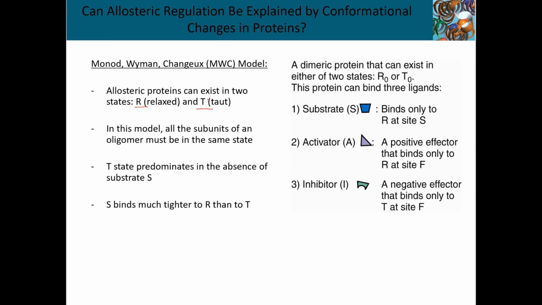And so the taut form predominates in the absence of substrate. And when substrate binds, it's going to bind much more tightly to the relaxed form than the taut form. So there's a preference for the substrate in the relaxed state.